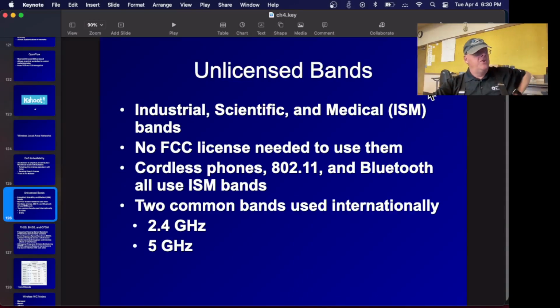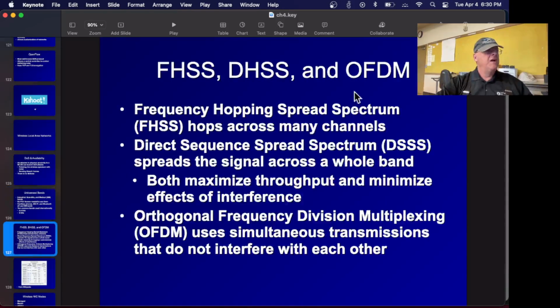Now, there are certain bands available that you can use without a license from the Federal Communications Commission, and so all kinds of consumer electronics use the same bands and they interfere with each other a lot. The two most common bands are 2.4 gigahertz and 5 gigahertz. There are techniques to try to move your traffic through this crowded, noisy band. And yes, 6 gigahertz as well is the new one.